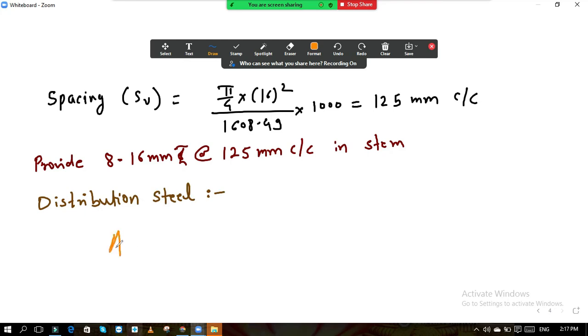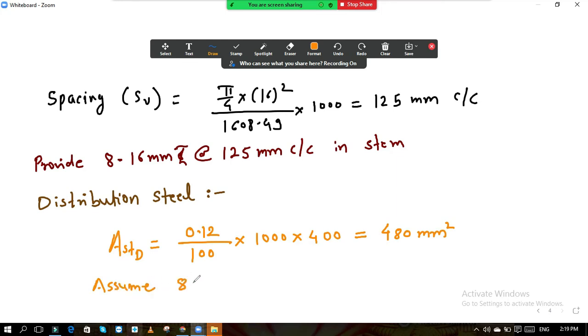Distribution steel ASTD is equal to 0.12% of gross area. So it is 1000 into 400, which gives 480 mm square. Assume 8 mm bar diameter.